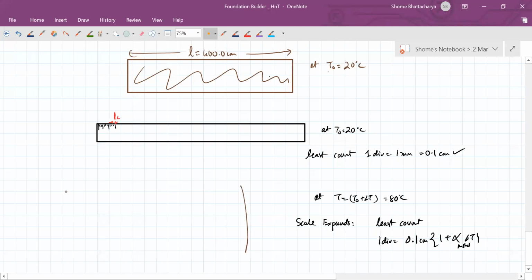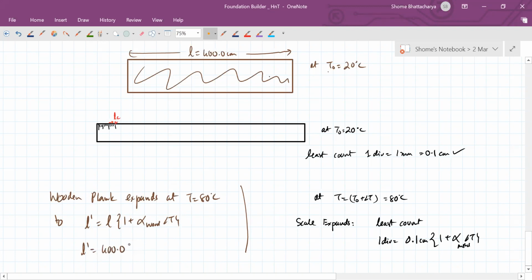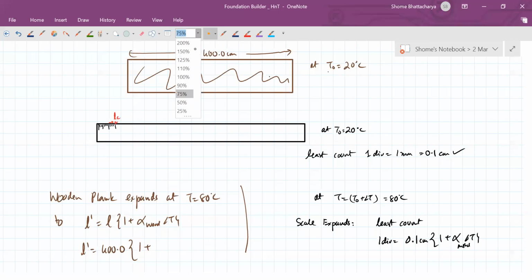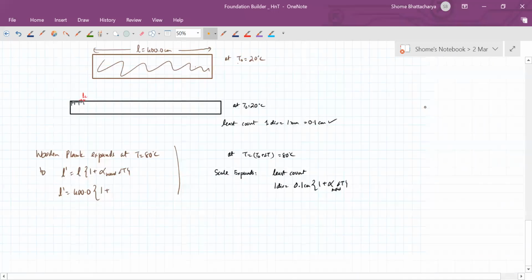So the wooden plank also expands to a length, let's say L prime. That length will become 400 centimeters into 1 plus alpha of wood into delta T. Now let's pick up the values of alpha for the two of them and substitute here.